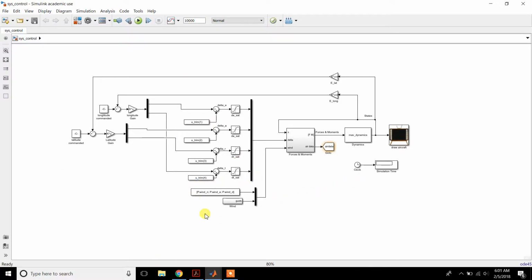We have a little disturbance from the winds and the gust going into the system. From the states, we again scrape out only those states that we need for control using the E_lat and E_long matrices. This is the commanded latitude and the commanded longitude. We calculate the errors and feed them into the respective gain matrices.